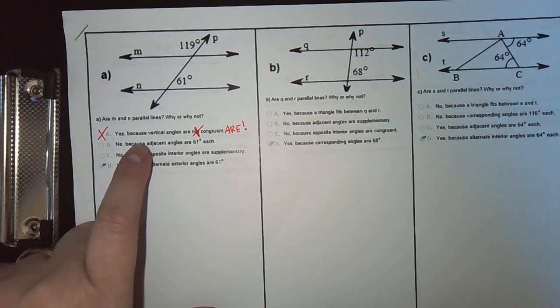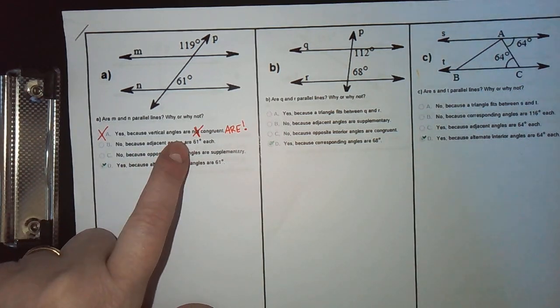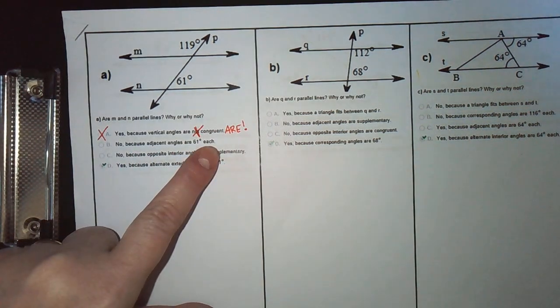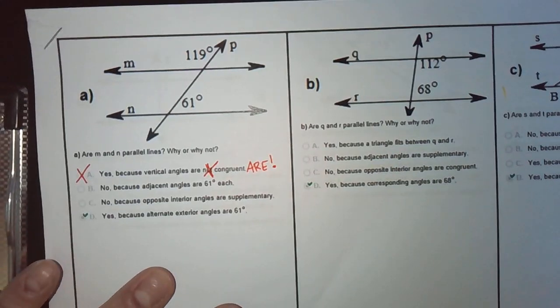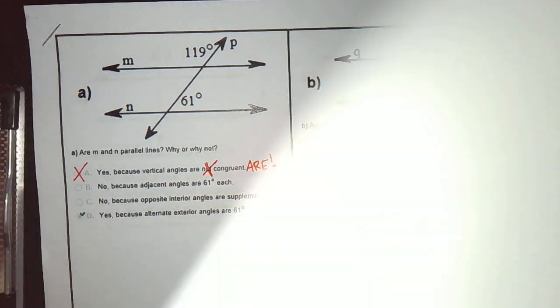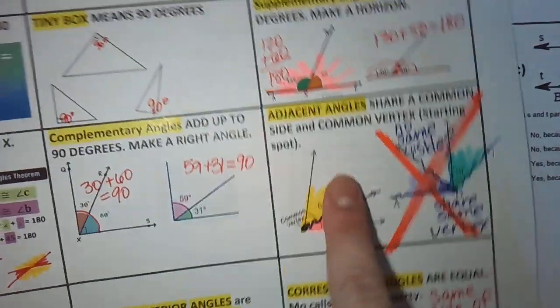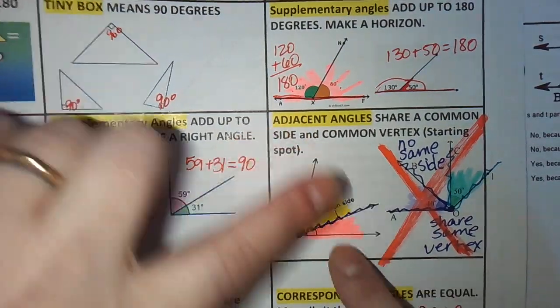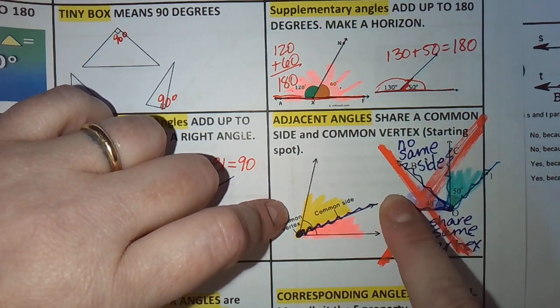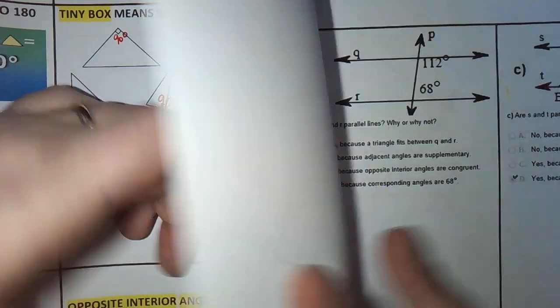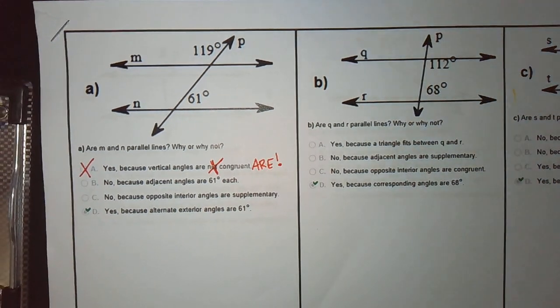Okay, let's look at this next one. It says adjacent angles are 61 degrees each. I think I can zoom in. Okay, let's look at what adjacent angles are. Adjacent are right here. Angles that share a common side. So this says adjacent angles are 61 degrees each.